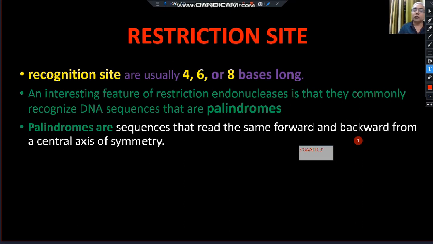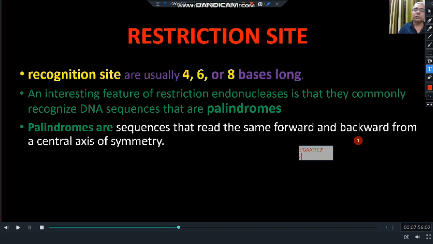Now the other strand will have 3' C T T A A G, 5'.